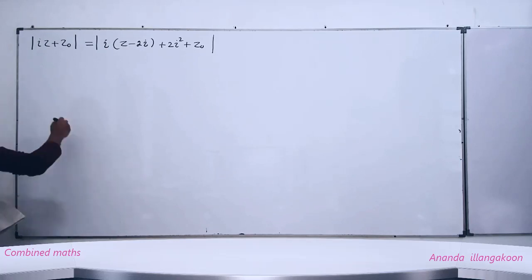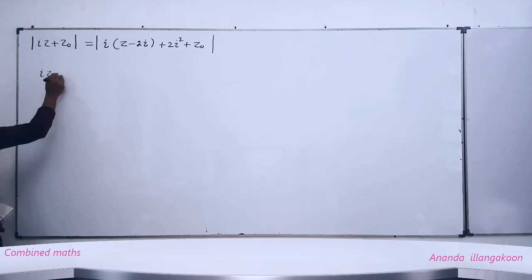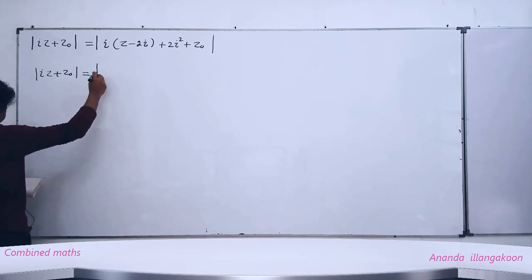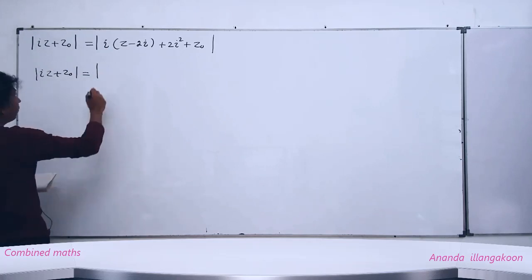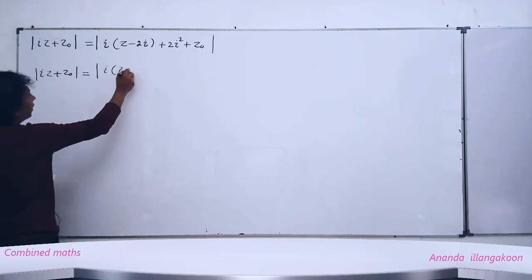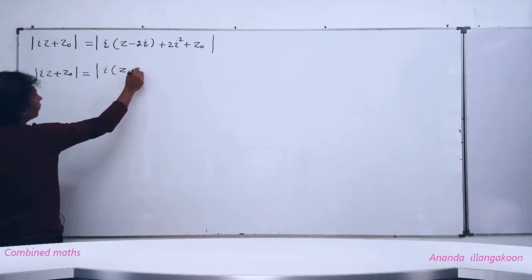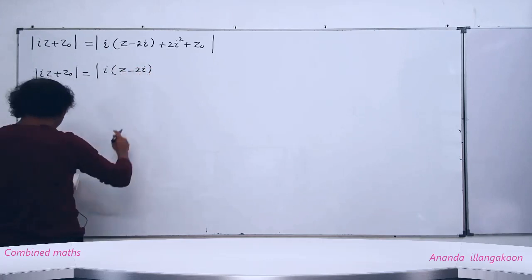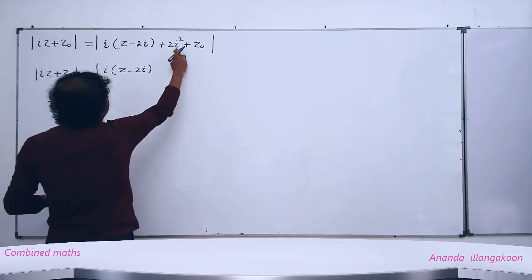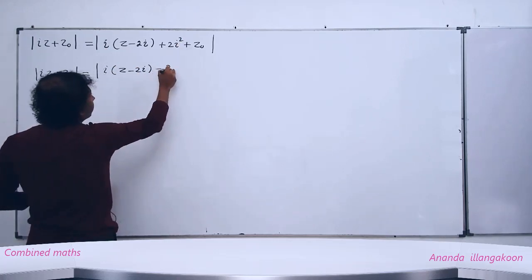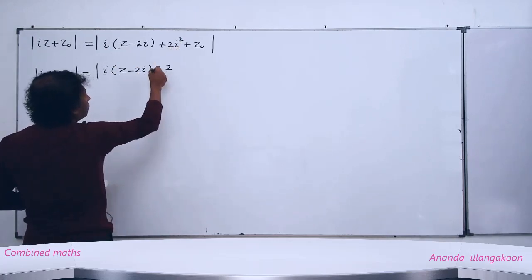Now I can write this way: i times (z − 2i). Here 2i squared, i squared is −1, so it's −2.